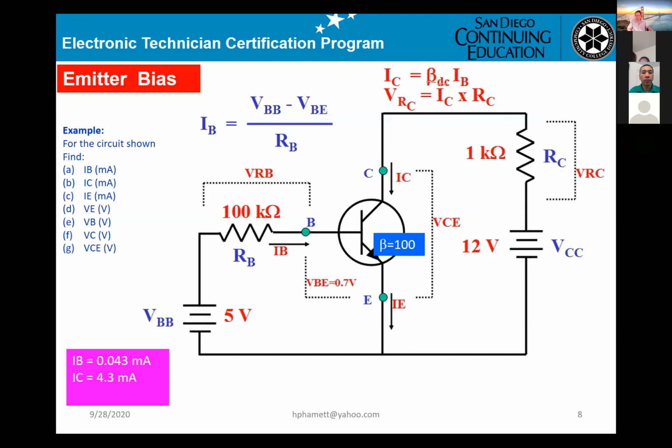That's the formula we want to do. IE equals 1 plus beta times IB. They come up with 4.34. So you can see IC and IB are very close.